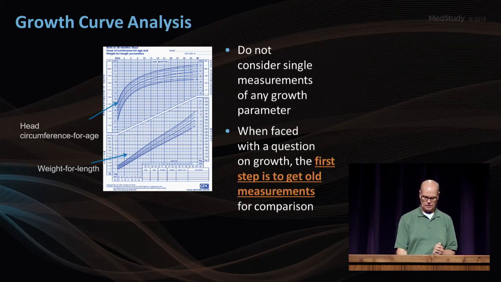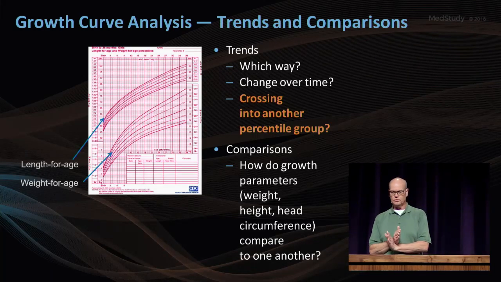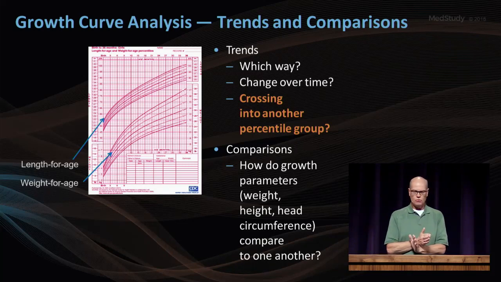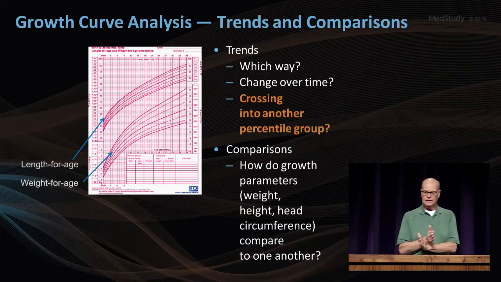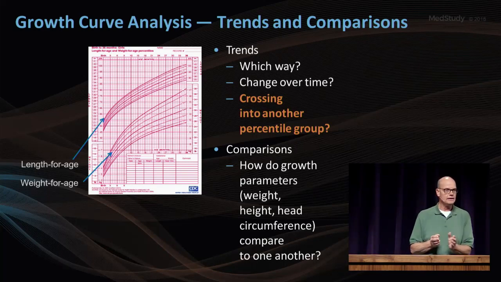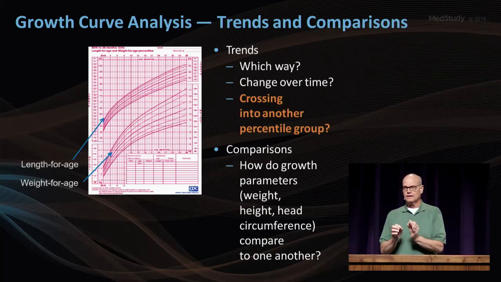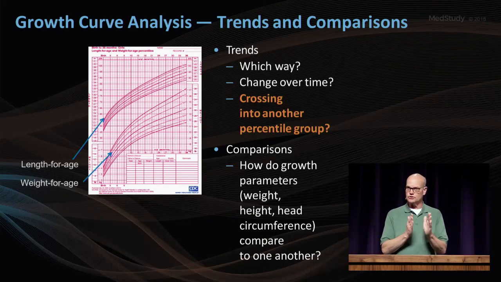So always try to get old measurements, and then once you get those old measurements, look for the direction of growth, look how or if it has changed over time, and especially important if you see a growth chart that shows crossing into other percentiles, especially crossing more than 2 percentiles, that should raise a red flag, because so much of growth disorders, your answer is going to be reassurance, reassurance, reassurance.